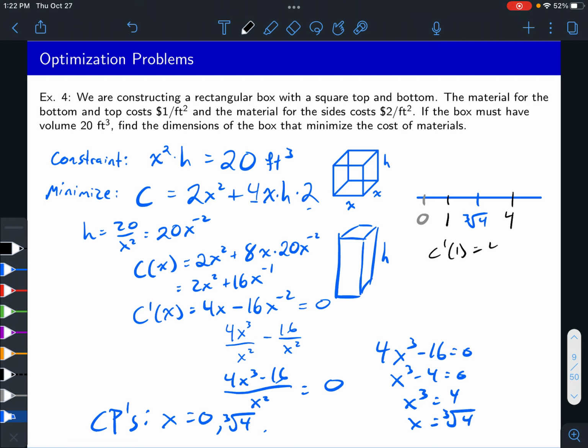So C prime of 1 is equal to 4 times 1 minus 16 times 1 to the negative 2. So I'm plugging into here. So 4 times 1 minus, and this is really 16 over 1 squared. So minus 16. So this is going to be negative.